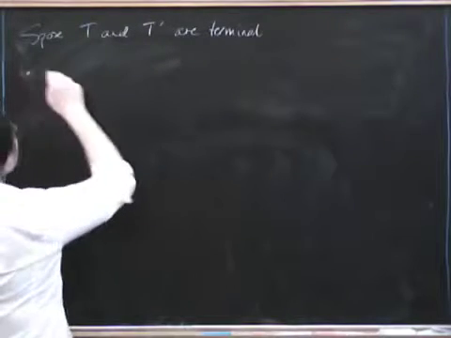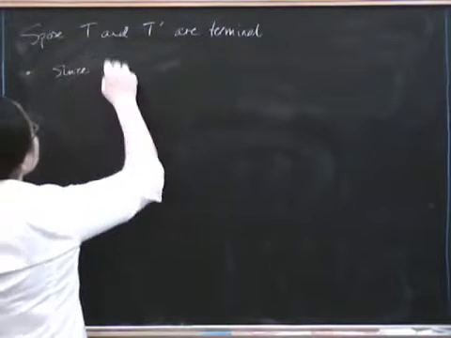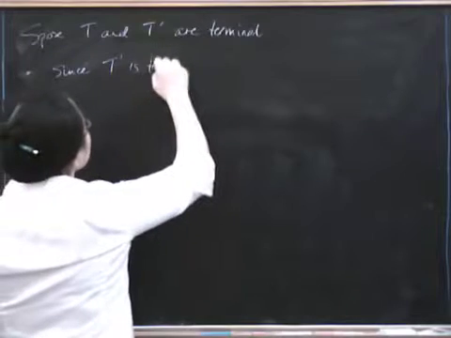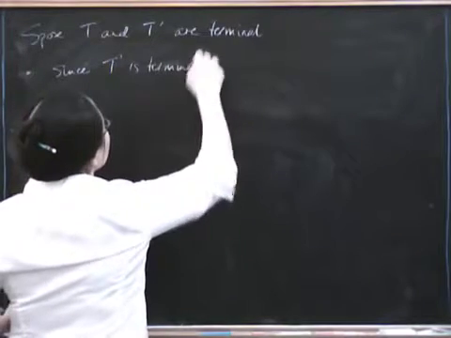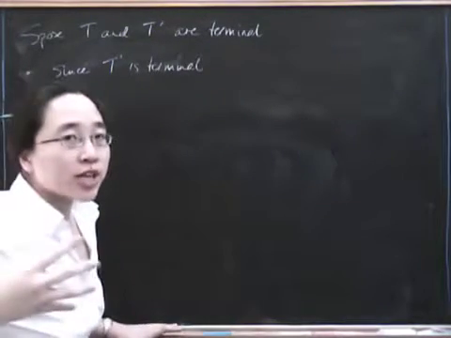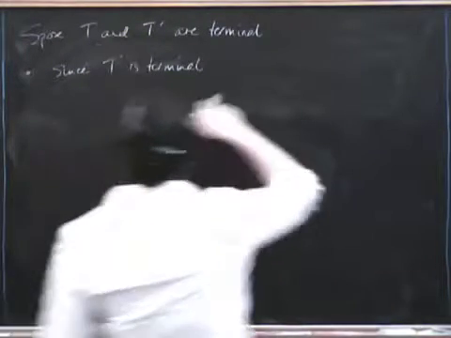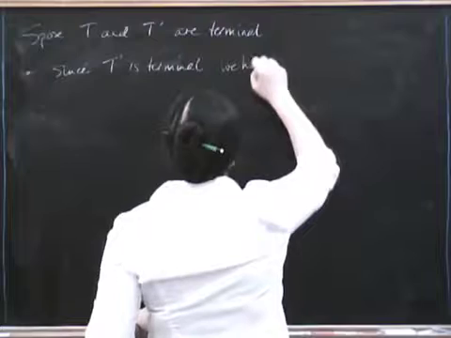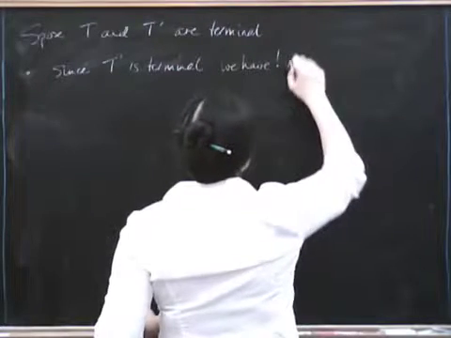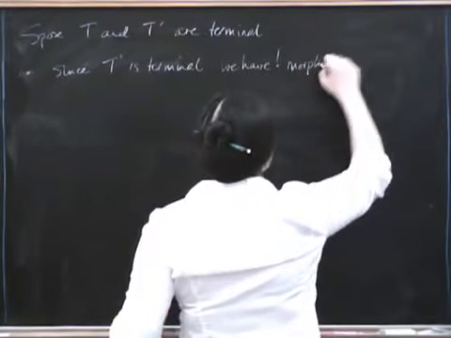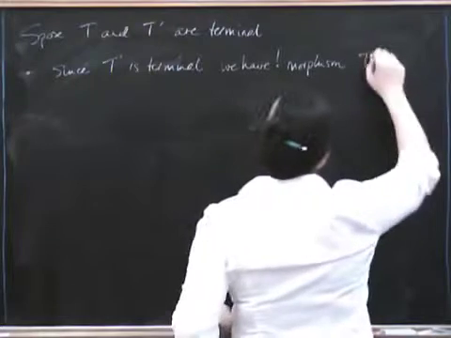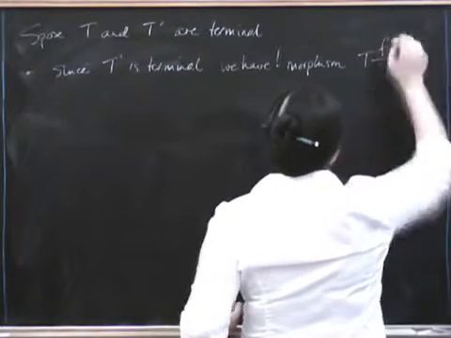So the first thing we do is say, since T primed is terminal, we have a unique morphism from any object in the category to T primed. In particular, we have one from T. We have a unique morphism from T to T primed, and we can call that F.